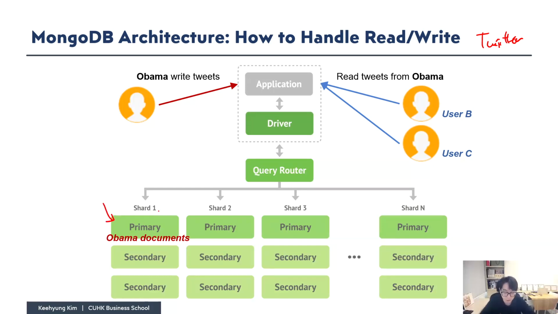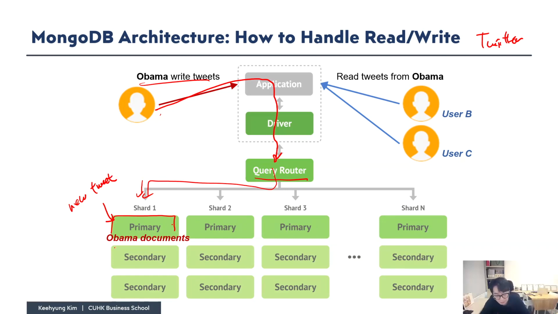So Obama's information is stored here in this primary. And when Obama writes a new tweet, his new tweet request will go through application, through driver, and through query router. And query router will check where the primary server for Obama's document is, which is stored in shard 1. So we send his request to the primary in shard 1, and here Obama's new tweet will be added.